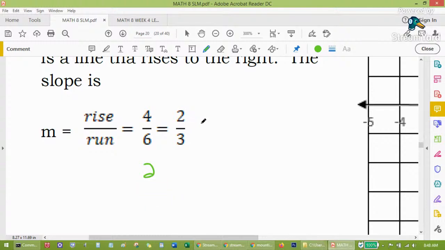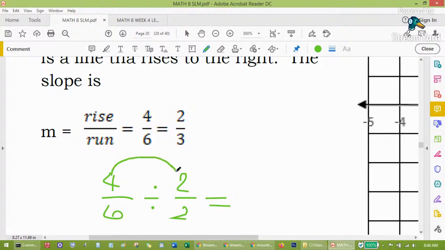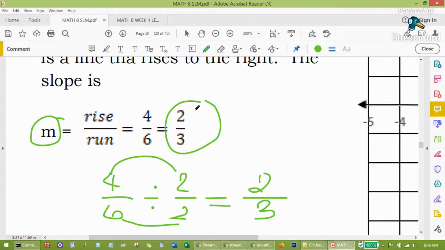Yung 4 over 6, i-divide natin ng 2 over 2. So, 4 divided by 2 is 2 and 6 divided by 2 is 3. So, therefore, ang simplified slope natin is equal to 2 over 3.